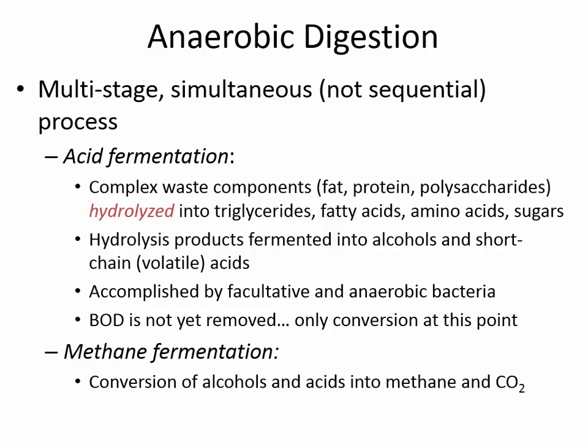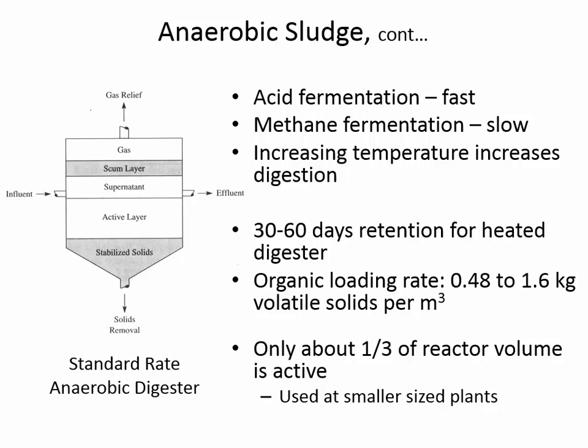Much of the methane they'll turn around and burn just to heat up the sludge, because if you have hot sludge, then the bacteria act more quickly. And so sometimes it's used to recover energy, but sometimes it's just turned right back into making the process work more quickly by heating it.